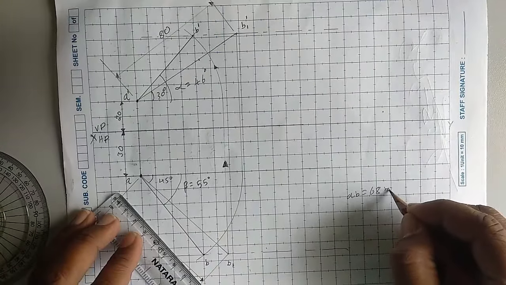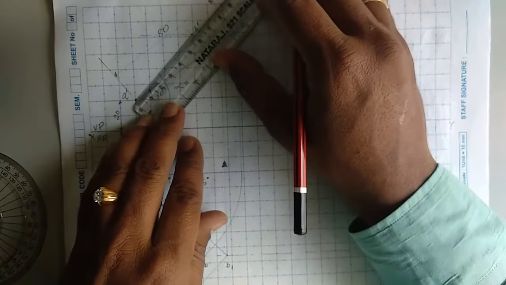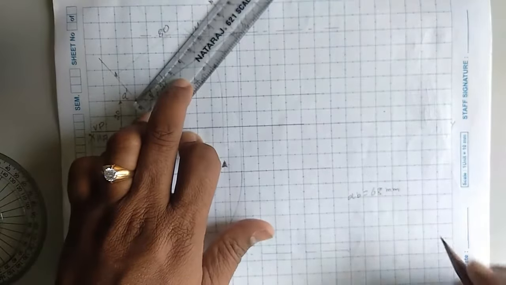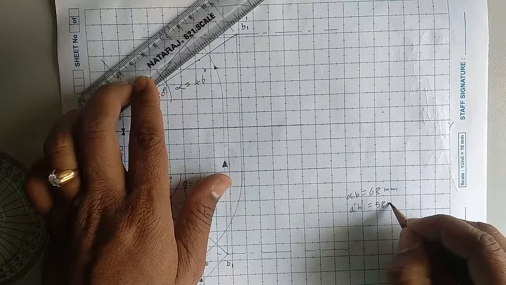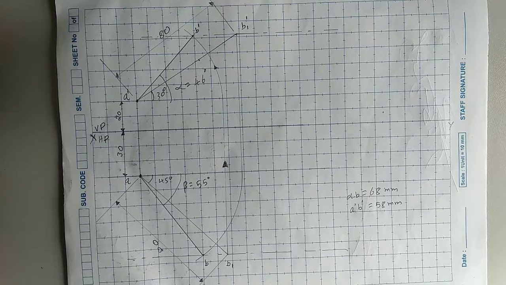AB is 68 mm and A dash B dash is 58. Okay. Like this, the line is inclined to both HP and VP. We need to solve.